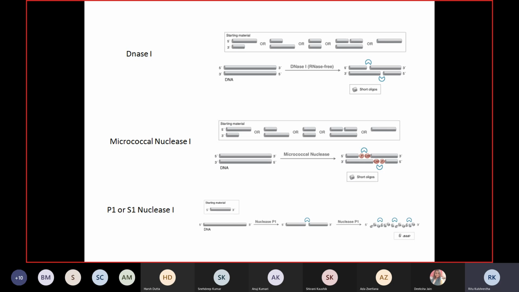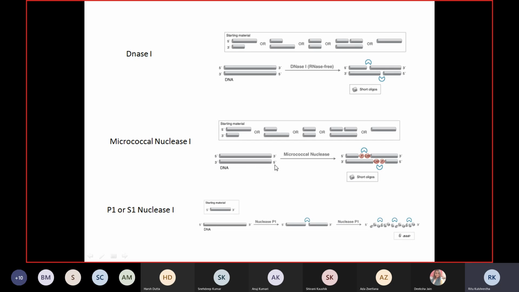That single stranded DNA or RNA can be removed with the help of S1 nuclease. So it is used generally in those scenarios. DNase 1 you will keep hearing about when you are isolating total RNA. If you want to get rid of contaminating DNA in your RNA preparation, then you generally treat it with DNase 1.